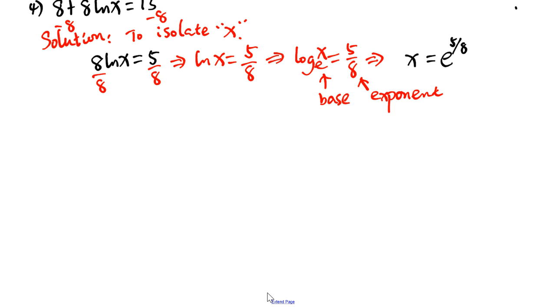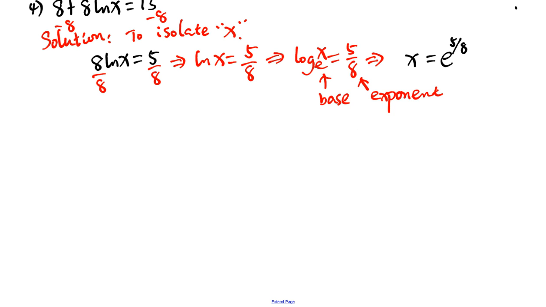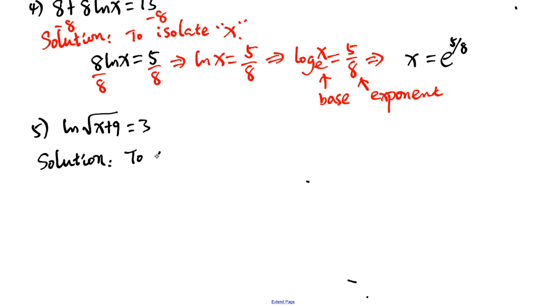The fifth example is natural log of the square root of x plus 9 equals 3. So we want to find the solution. The solution is to isolate x.